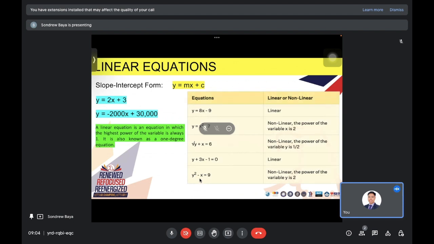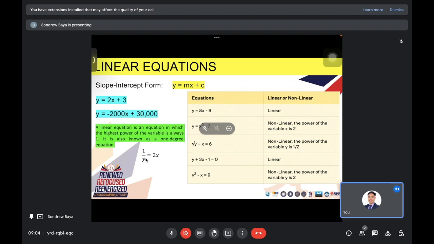Another example is this. If I have 1 over y equal to 2x, you might conclude that this is linear because the exponent of x is 1 and the exponent of y is 1. However, if you apply laws of exponents, recall our discussion before, if you have a number below, we can put it on top by finding its reciprocal, and the exponent becomes negative.